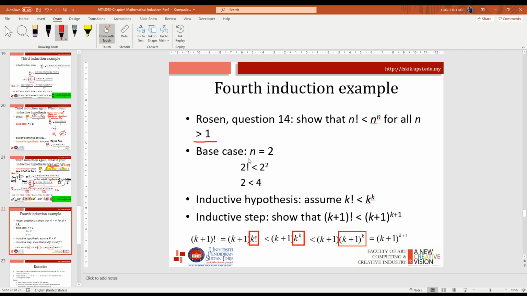For the base case, n equivalent to 2, 2 is not the same as 4. It's wrong. For the hypothesis, assume k factorial is less than k power of k. This one is also not the same.